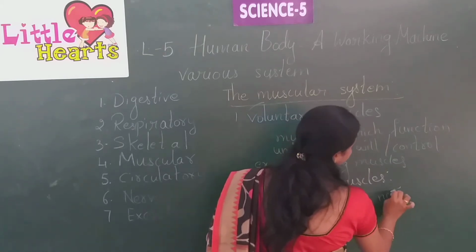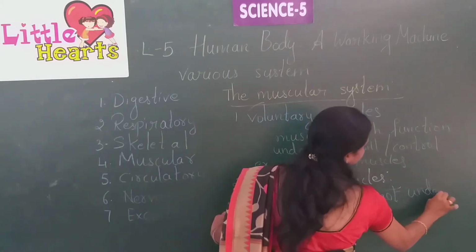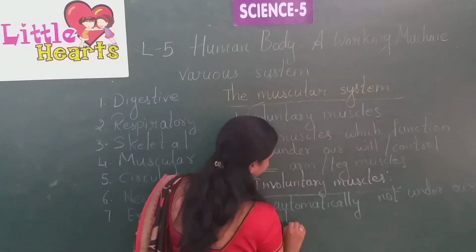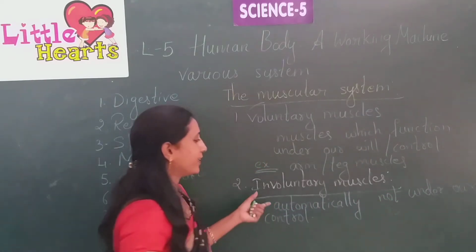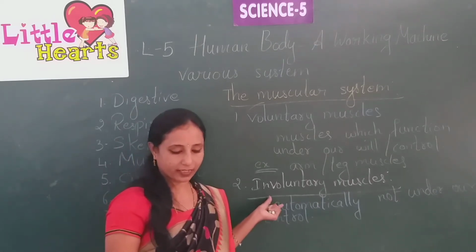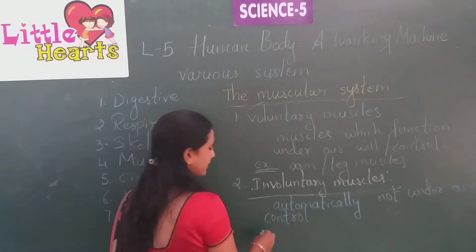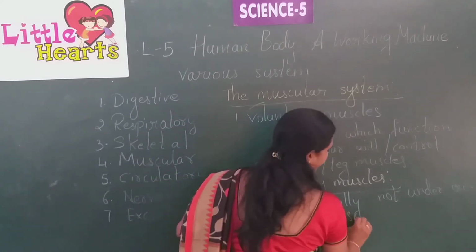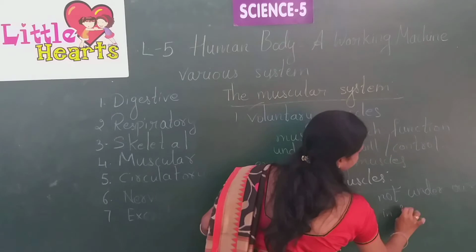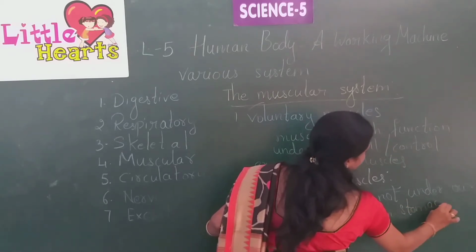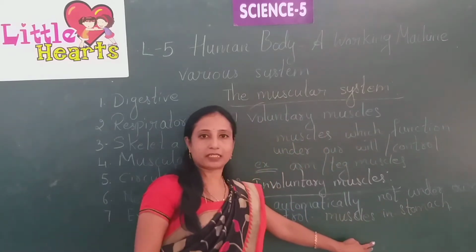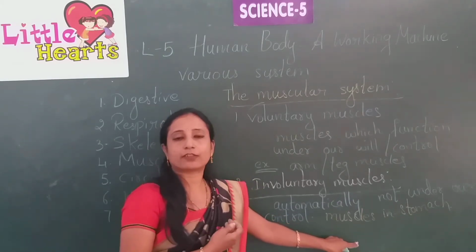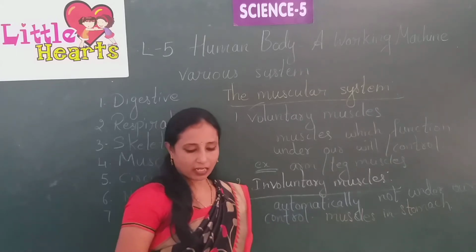Examples are muscles in the stomach, heart muscles, and lung muscles. Can we stop the beat of the heart? No, it's not under our control.